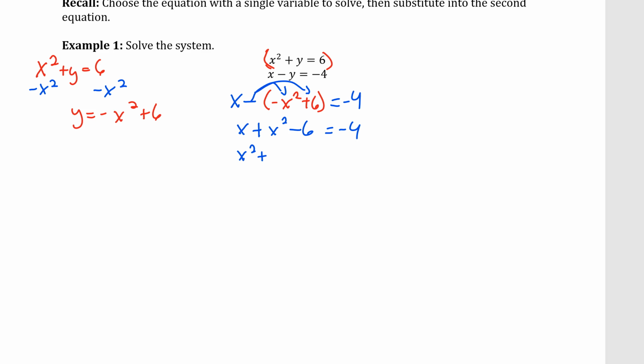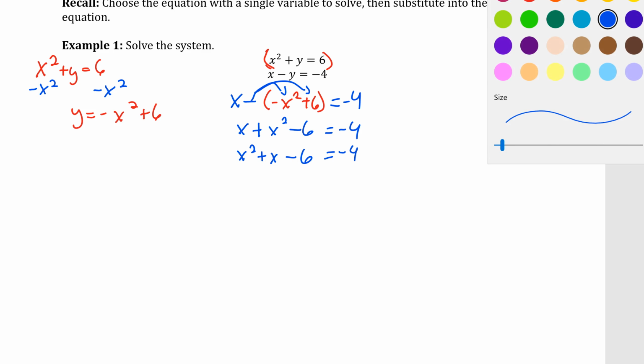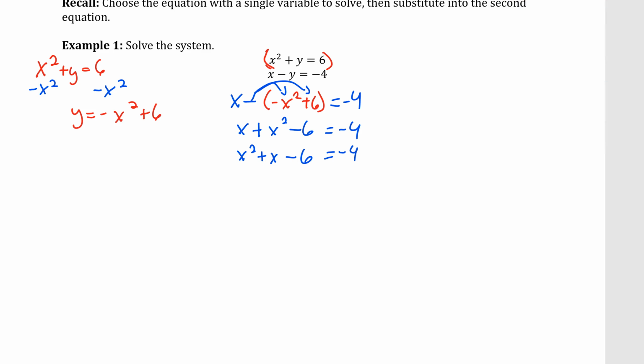Rewrite it in terms where your x squared is first. Now I'm going to add 4 to both sides so that I can get it equal to 0. So x squared plus x minus 2 is equal to 0. Here I can factor, I can use the quadratic formula, it doesn't matter.